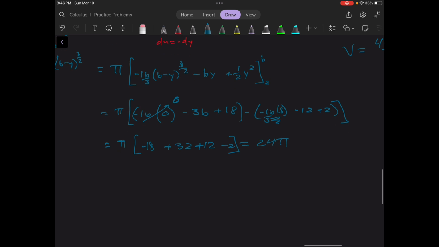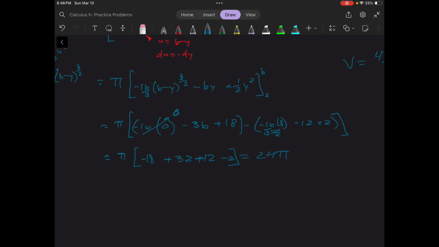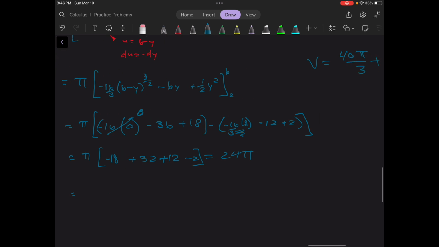So we have to just plug this into a calculator. Well, let's see what I would get. Instead of this 32 right here, it should have been a positive 16 times 8 divided by 3. 16 times 8 is 128 divided by 3.